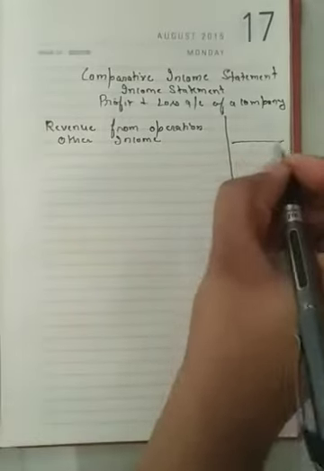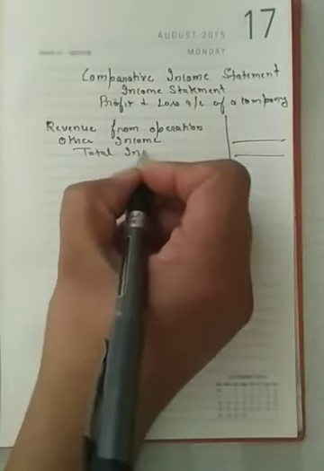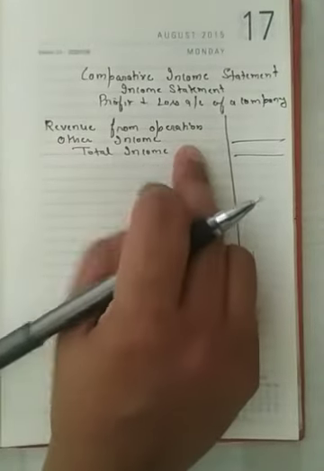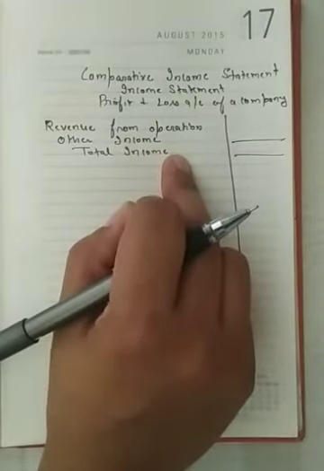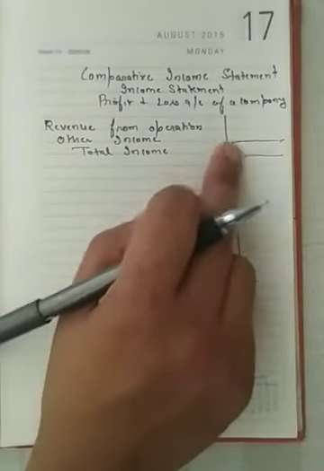Then we total it, we will get the total income. What is the revenue from operation? Revenue from operation means a sale. And other incomes means rent received, dividend received, commission received, any other type of income will come under this head, other income.